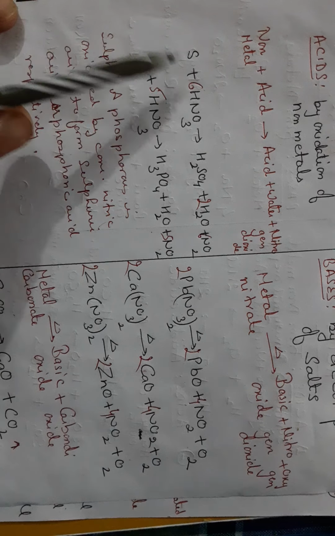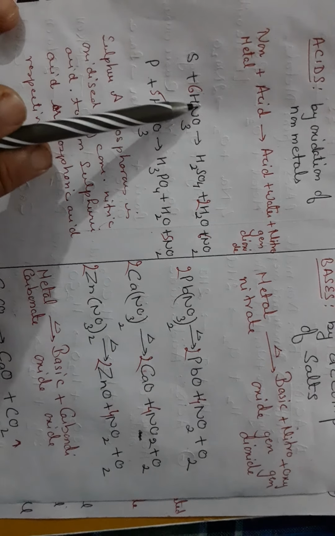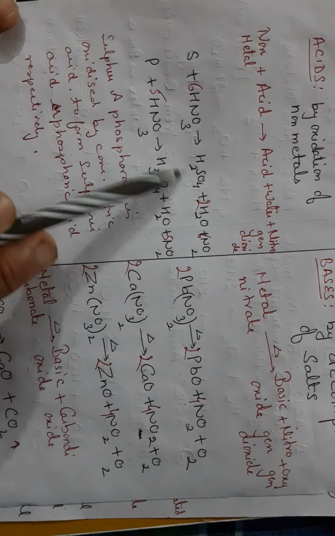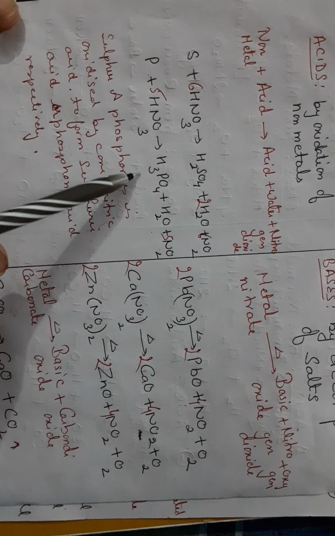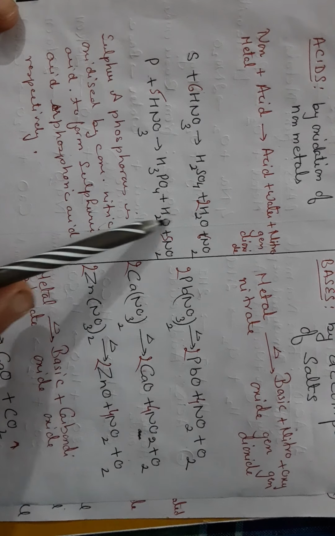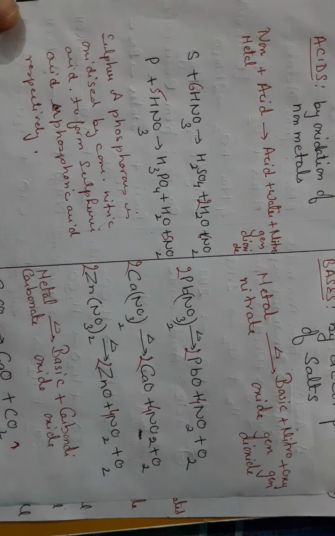Here sulfur and phosphorus are oxidized by concentrated nitric acid to form sulfuric acid and phosphoric acid respectively. In addition, water and nitrogen dioxide gas are liberated.